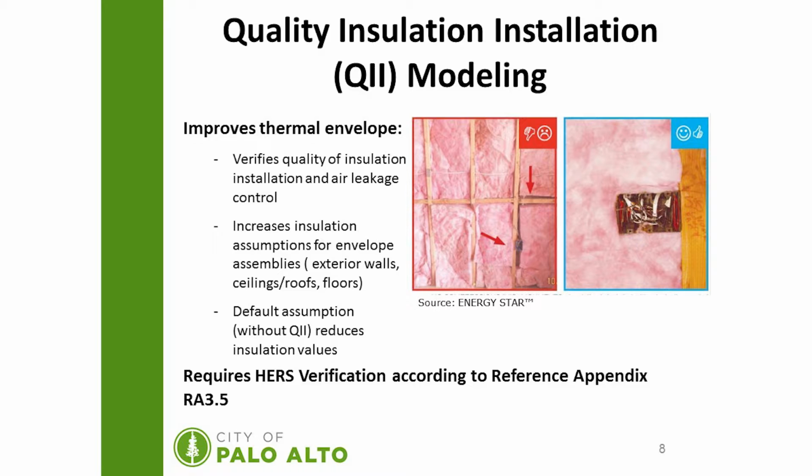The default in the model without taking QII is it actually reduces the insulation value in those assemblies. This measure does require HERS verification, and you can get the details of that testing protocol in the reference appendix RA 3.5. So we'll jump into the model and show you exactly how to model this in the software.